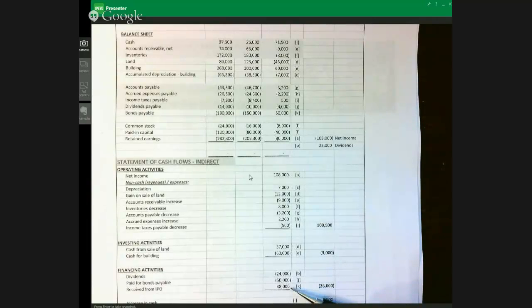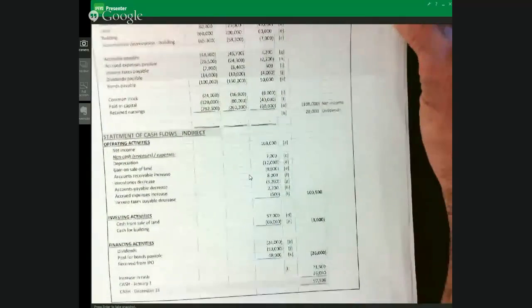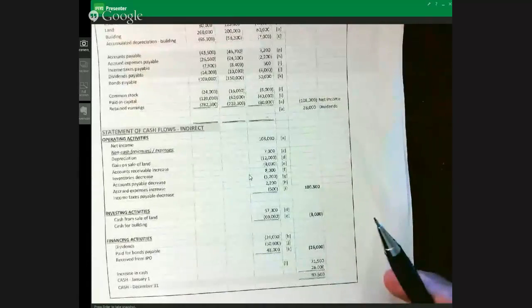And you also issued new stock of $48,000. The result of paying dividends, paying off the bond, and receiving stock was that financing activities used up $26,000 of cash.